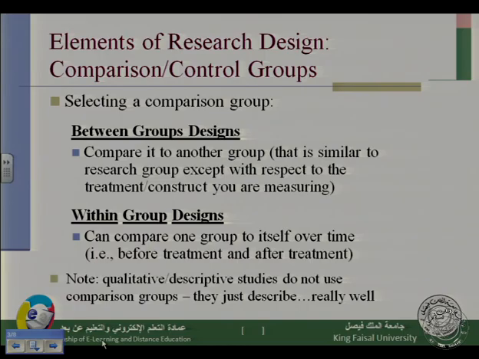As I said, if you want to apply computers to see the effects of computers on them, this is called treatment. So the new treatment is using computers. The control group has no treatment. They are exposed to the normal teaching methods, for example.